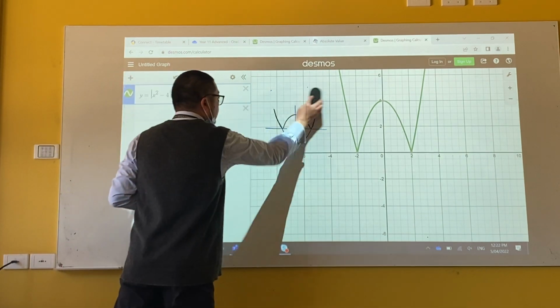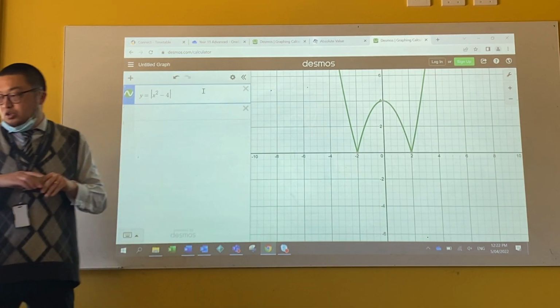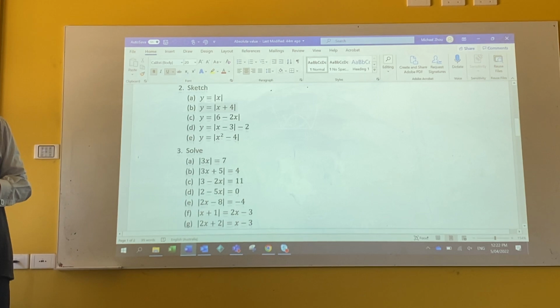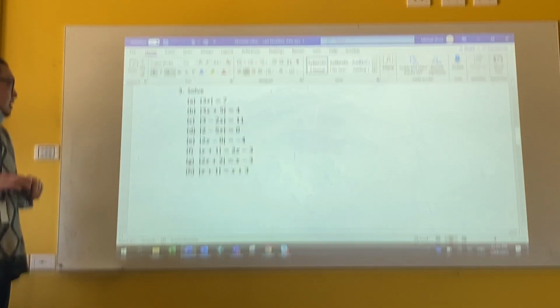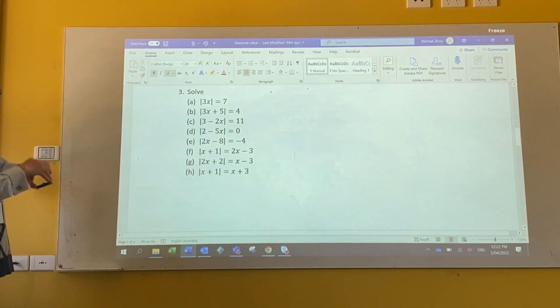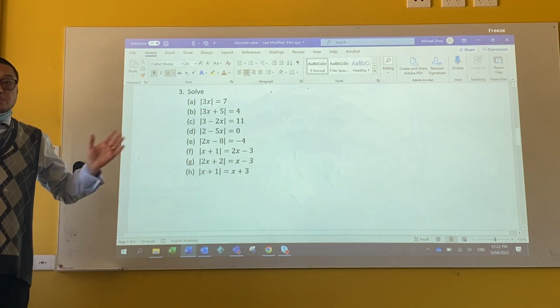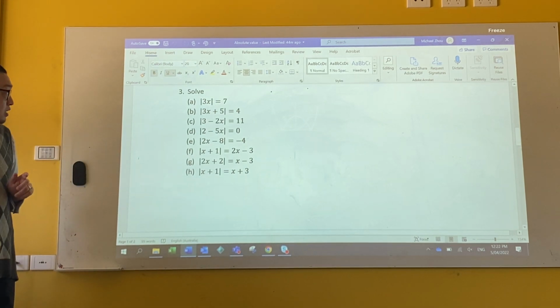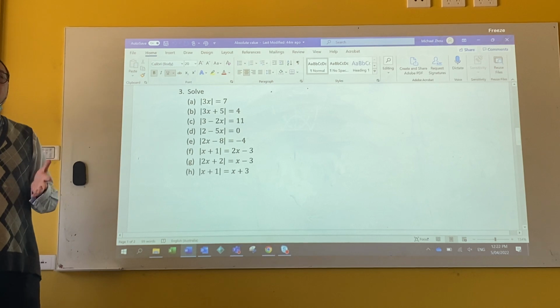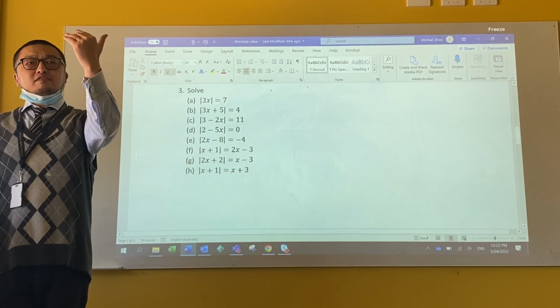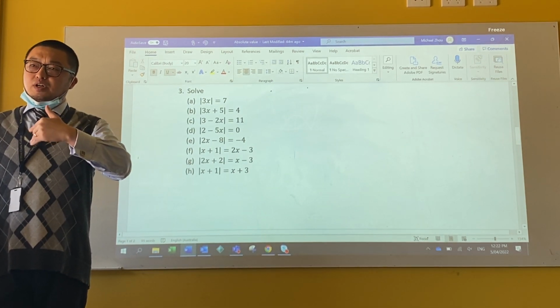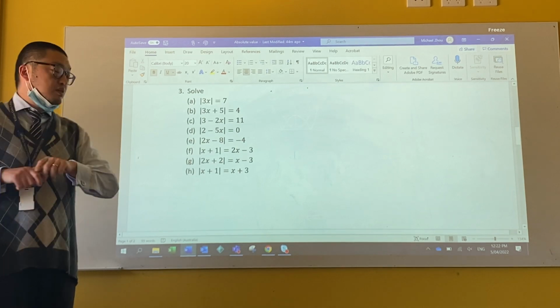All right. Let's go back to the equation one. I'm going to continue. After these questions, we finish for today. Now, we know the meaning of absolute value is positive case, negative case, right? Remember that?